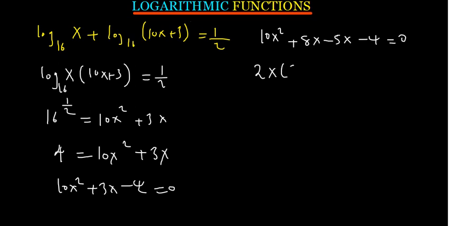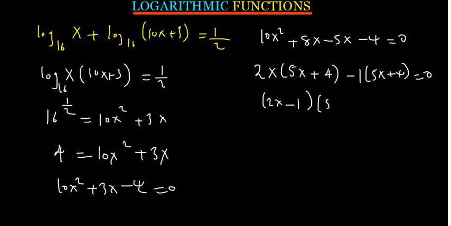What is going to remain? 5x plus 4, and then we'll remove a negative 1, 5x plus 4, that will be equal to 0, and this is going to give us 2x minus 1, 5x plus 4 equal to 0, meaning that x is going to be 1 over 2, or x is going to be equal to negative 4 over 5. So these are the values of x. Are we good with this? Good. Okay, thank you.